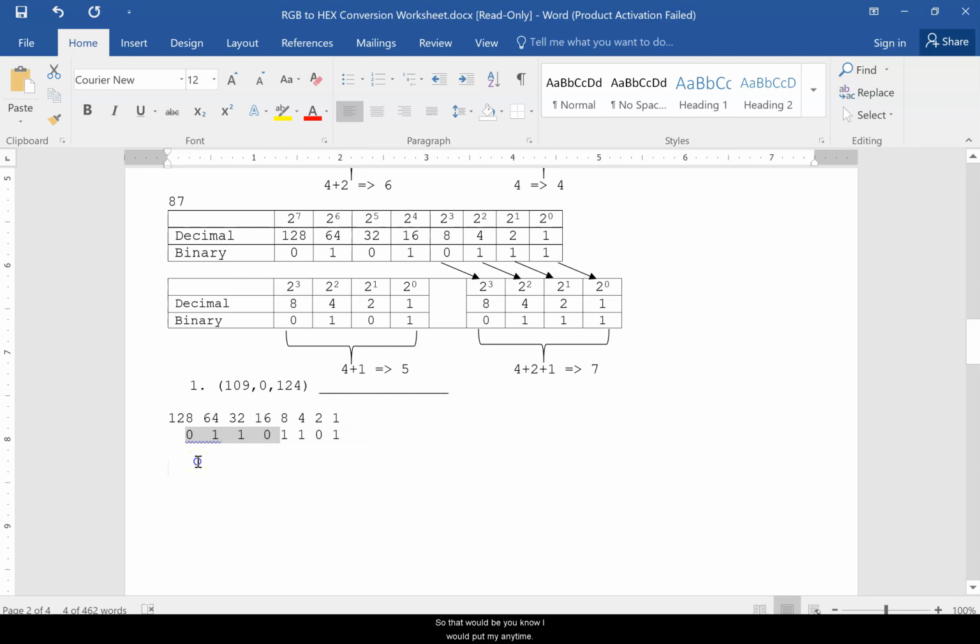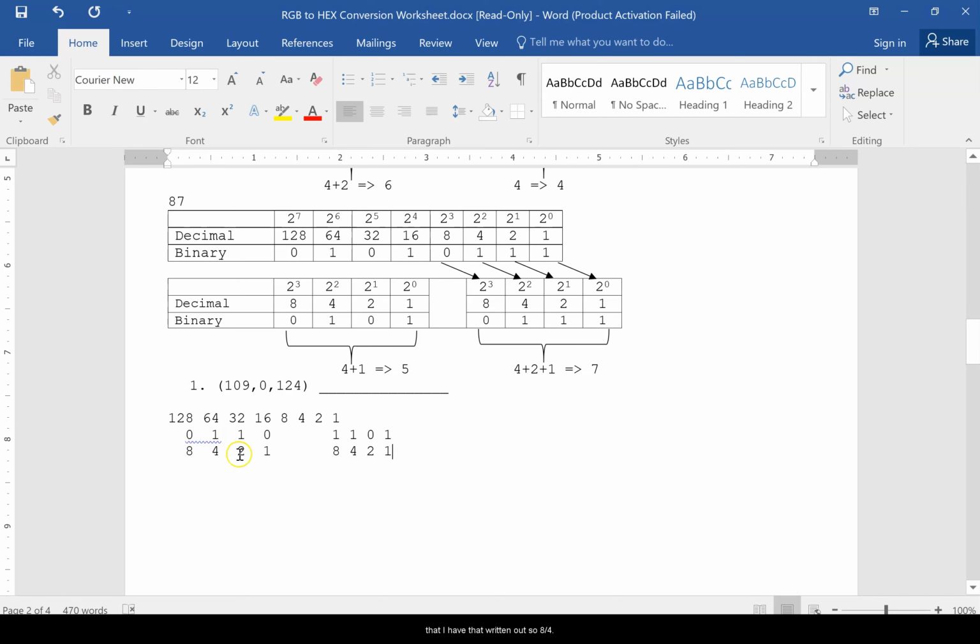Okay, so I would put my 8, 4, 2, 1 right on there, and then again over here I got 8, 4, and I'm actually going to split this over a bit more now that I have that written out. So 8, 4, 2, and 1.